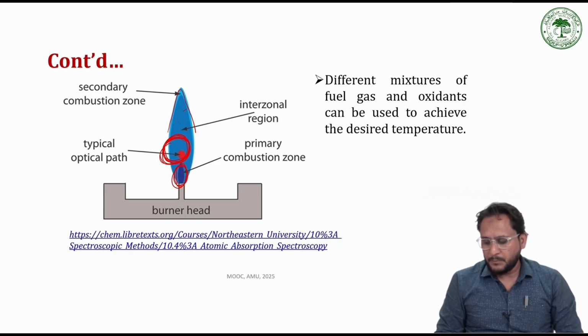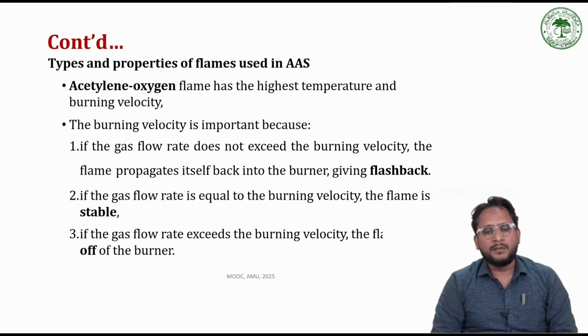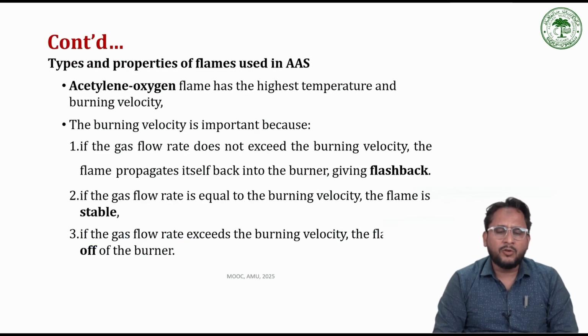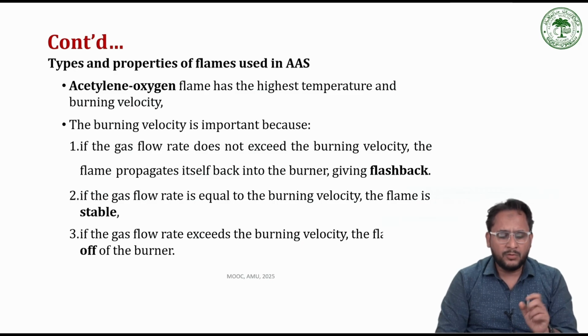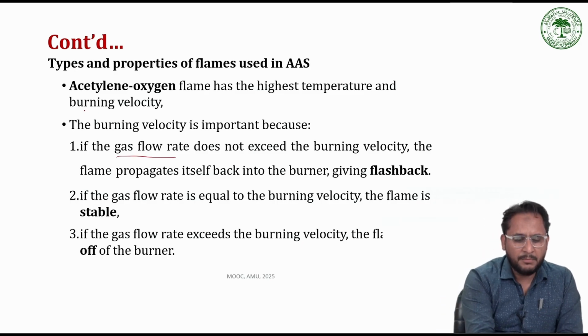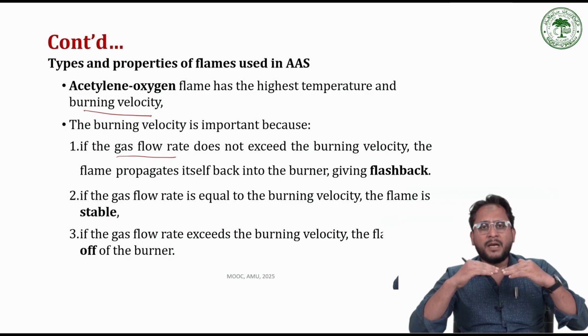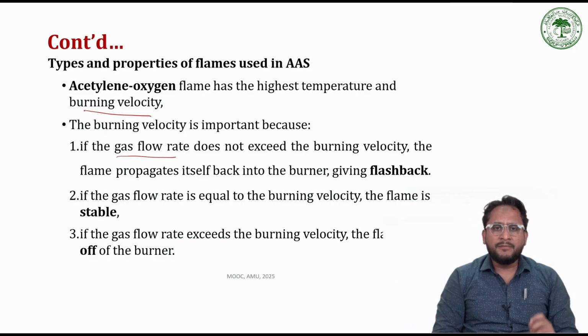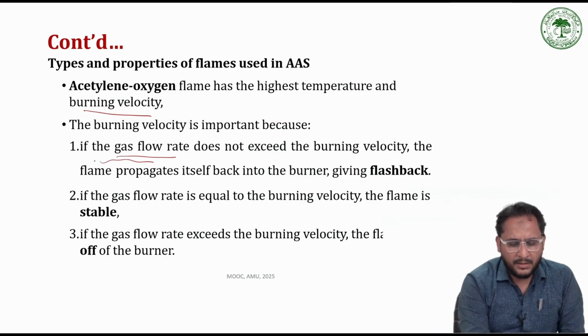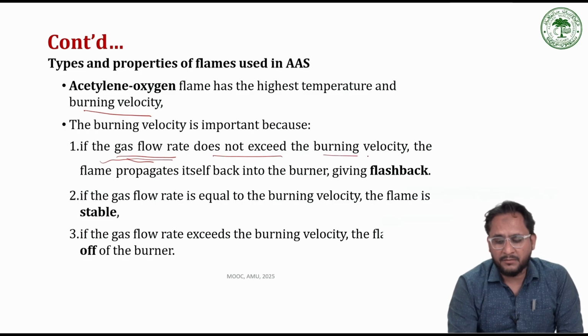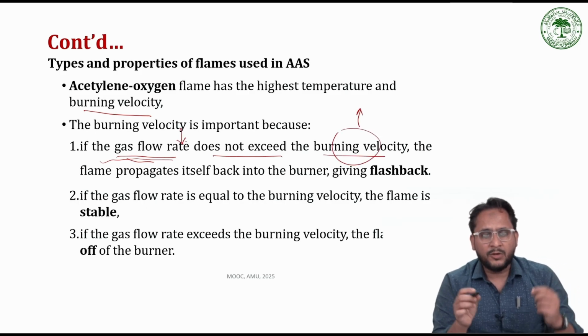So now, while dealing with atomizers, we have to keep two things in mind. There are two terms, the gas flow rate as well as the burning velocity, and we have to keep a balance between these two. In the first condition, if the gas flow rate does not exceed the burning velocity, meaning the burning velocity is high while the gas flow rate is low, then what will happen?